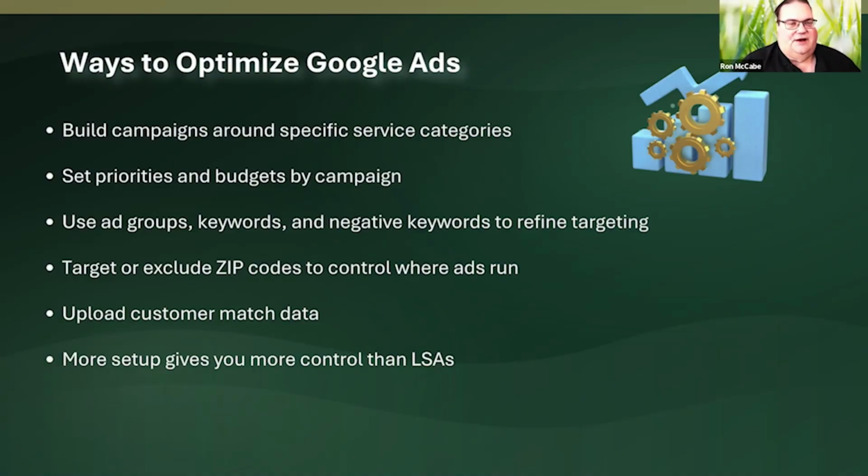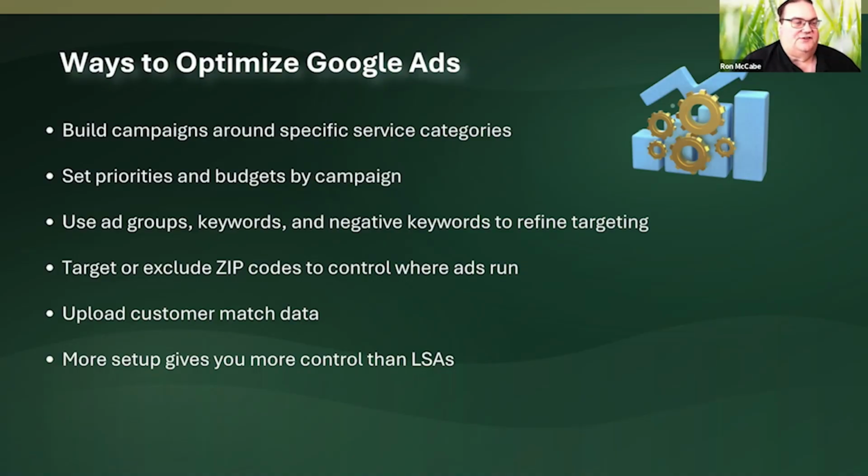I'm just making a silly example, but you could have an ad group that just goes to people in downtown Seattle, and another ad group for people in the Mercer Island area. Being able to set those ad groups and service categories gives you a lot of control.